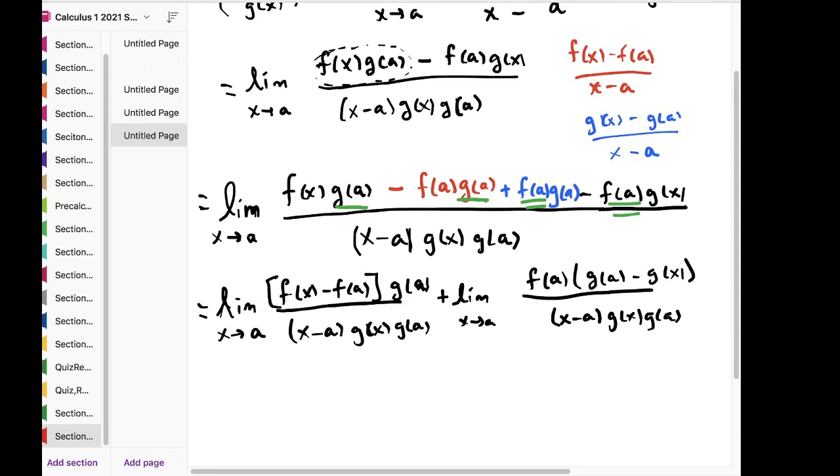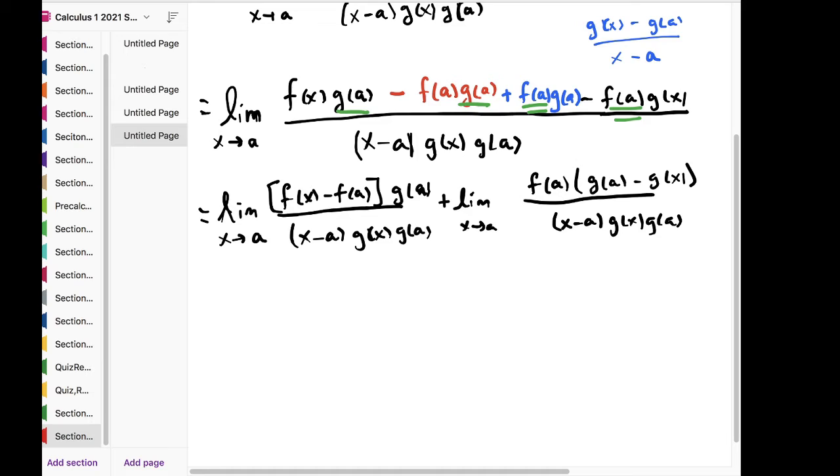What does this simplify to? So this is what, with the limit? Well, maybe you have to do something with this one first. But what's this with the limit?